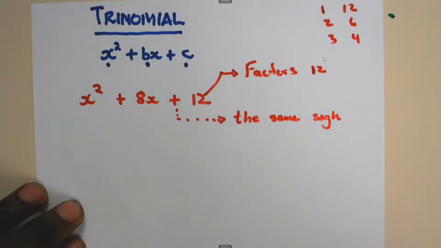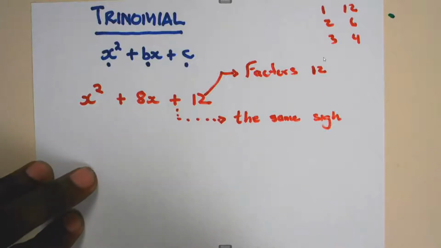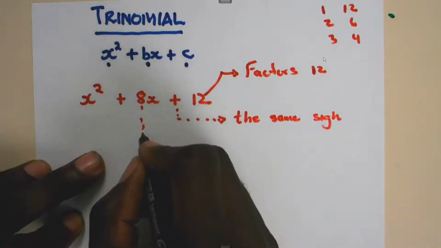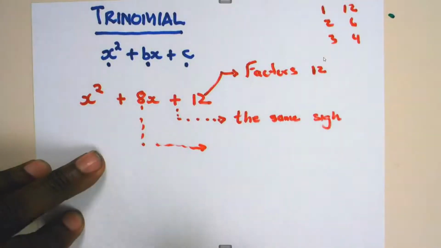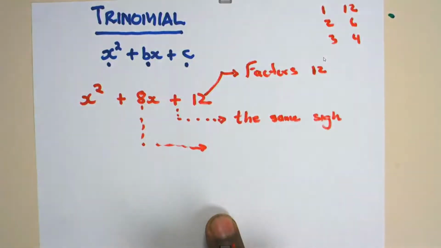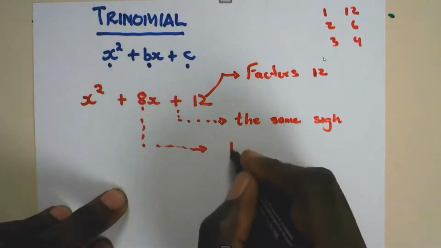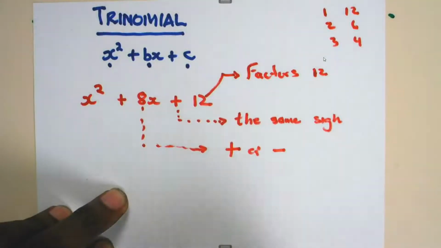If one is negative, the other one is going to be negative. That's helpful to understand. Coming to the number 8. The number 8 means when these 2 factors of 12, when you add or subtract, the sum should be 8.